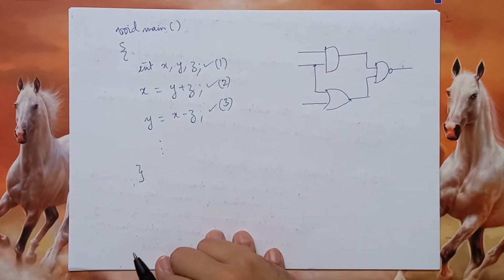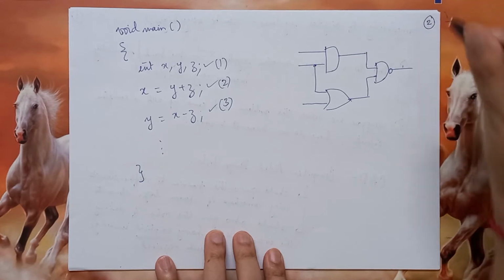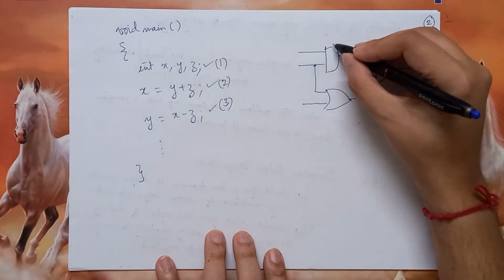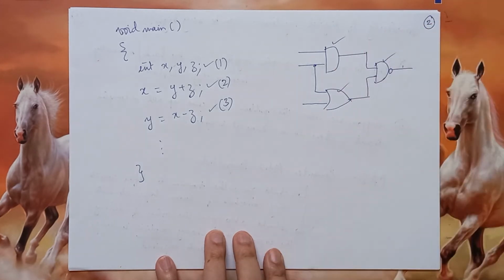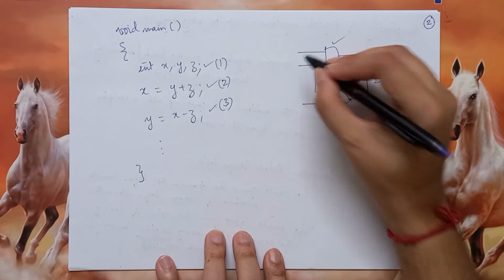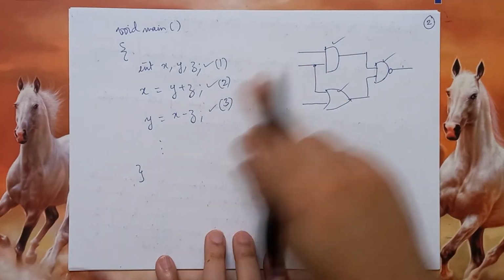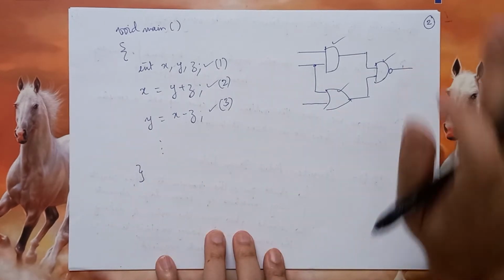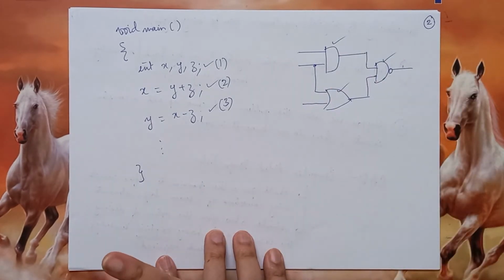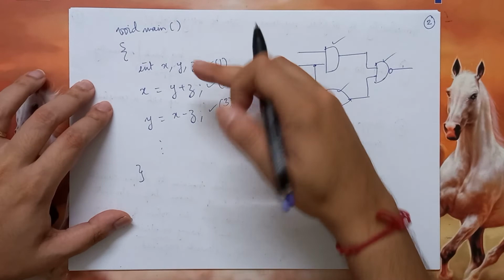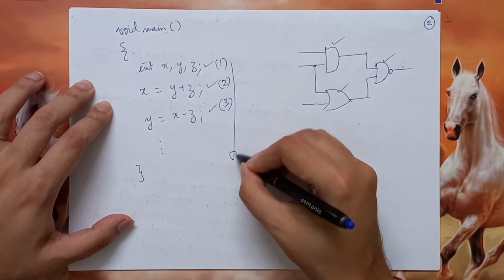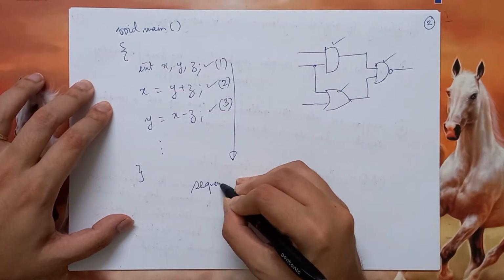But from an electrical point of view, this gate and this gate are working all the time. It does not matter whether the inputs are changing or not. The outputs have to be always there and the gates have to always work. So a program executes line by line. This is called sequential execution.